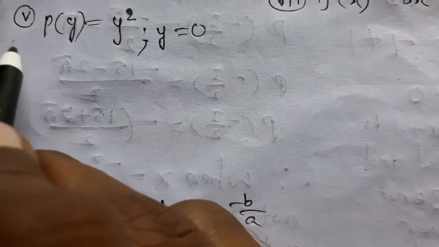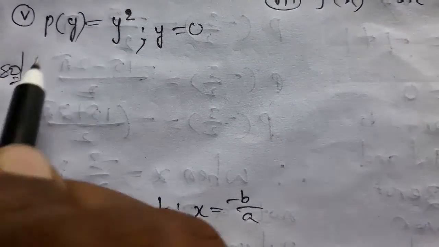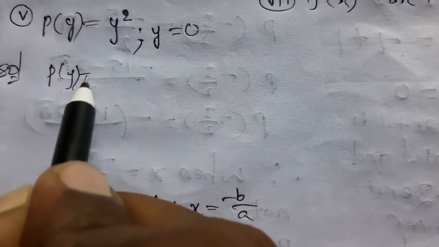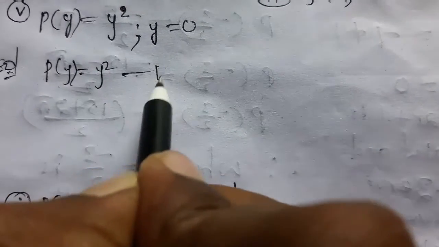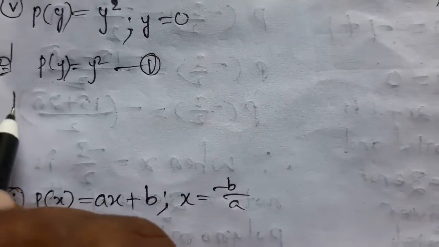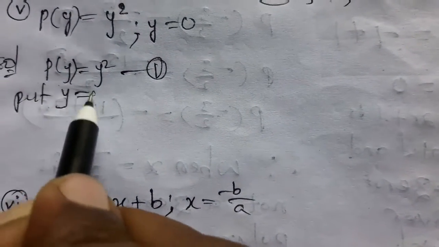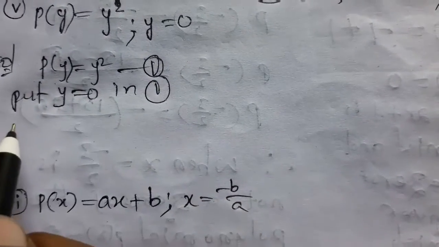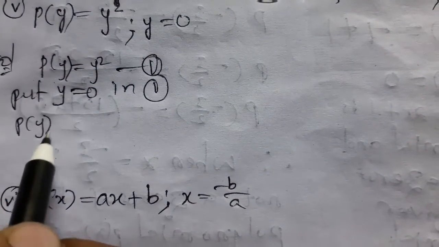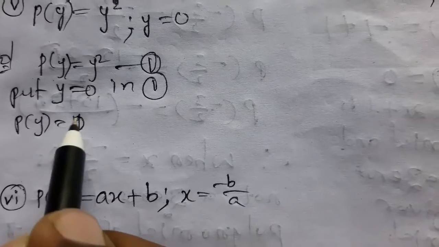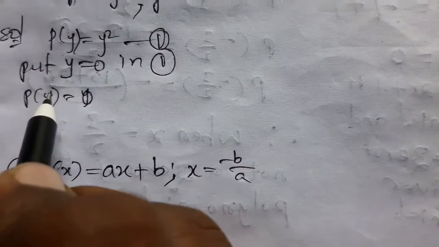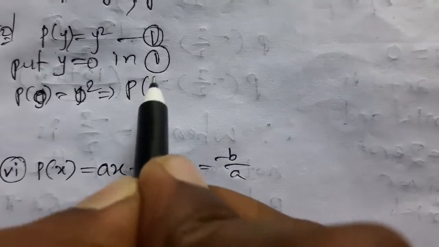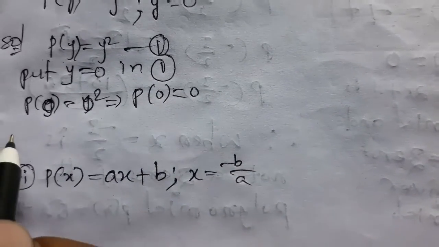See, fifth one. Solution. What is given? P of y equals y square. Take this as equation 1. Put y equals 0, already given, in equation 1. This means P of 0 is equal to 0 square. That means P of 0 is equal to 0.